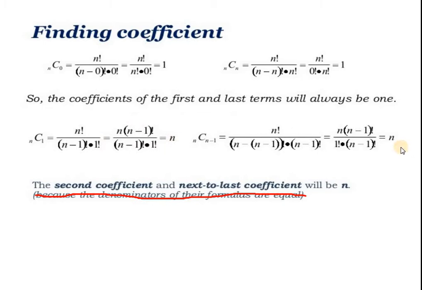Both are the second term from the beginning as well as from the end. So remember this statement: to write the binomial series for a given binomial expression, the value of the binomial coefficient from the beginning and from the end will always have the same value.